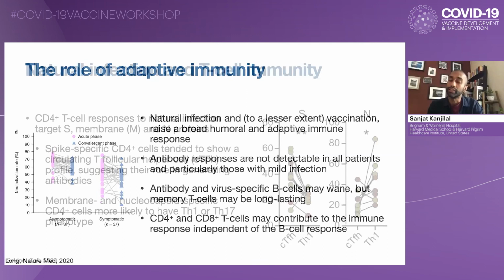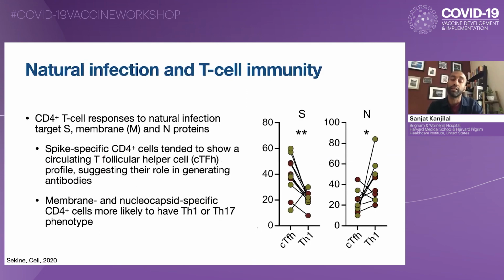Interestingly, based on studies that have used megapools of SARS-CoV-2 peptides, we know that the CD4 T cell response in natural infection is raised not only to the spike protein and the nucleocapsid protein, but to many other virus proteins, including the membrane protein, as well as a number of non-structural proteins.